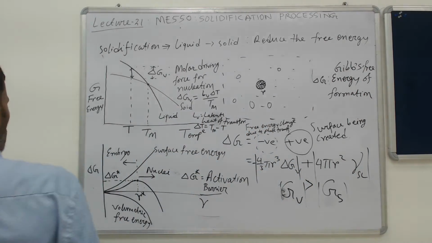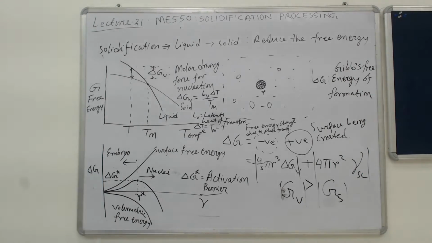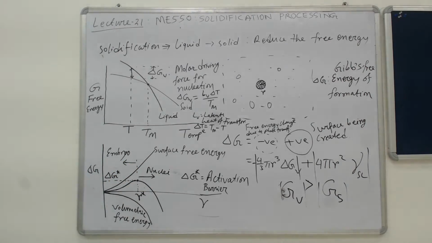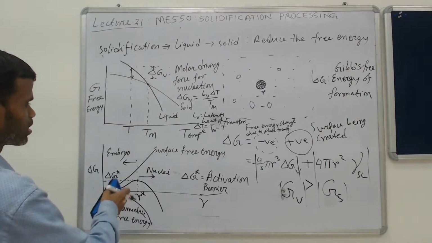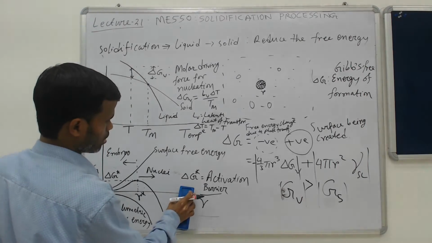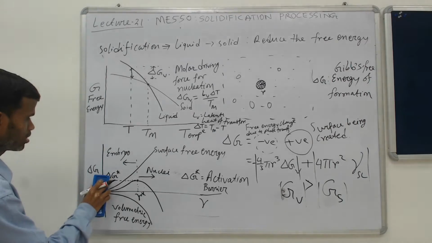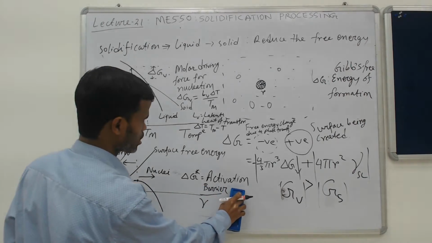So let us now try to analyze these things. This is how the nucleation energy barrier works. So you should remember these few things. There is a critical size, there is a critical free energy. This free energy of formation, the critical free energy, is called the activation barrier.